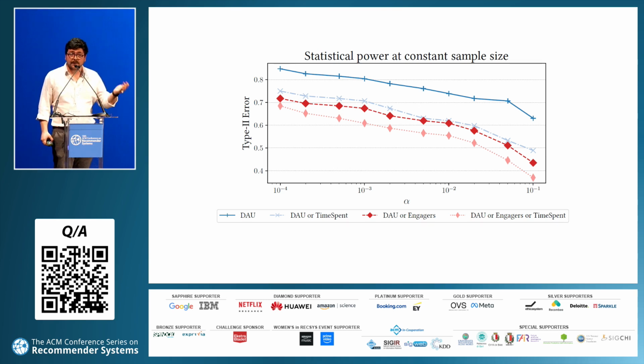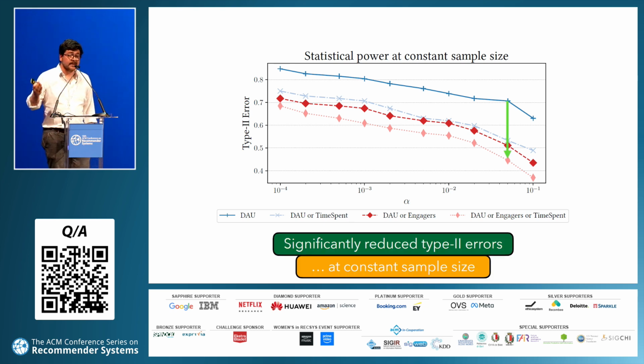But we also have a few different metrics that we can use in conjunction with it, and we can validate them. We can make sure that we've never actually empirically observed a type 3 error. And so maybe if we run an experiment and DAU is non-significant, but one of these other metrics is significant, we can use that to make decisions instead. And so this means we can actually get significantly reduced type 2 errors at a constant sample size.